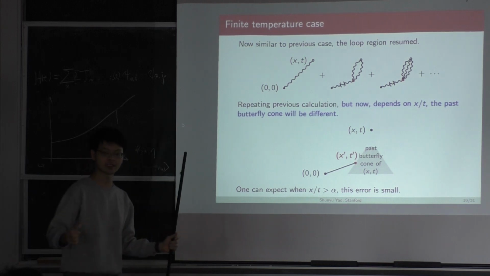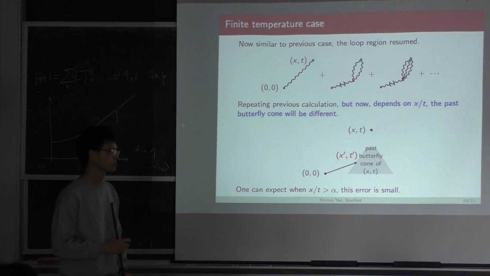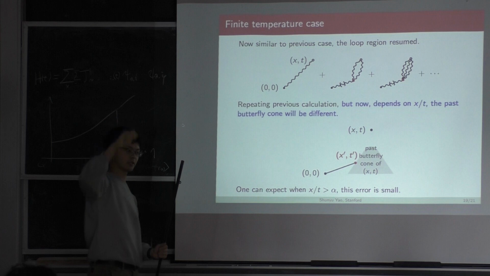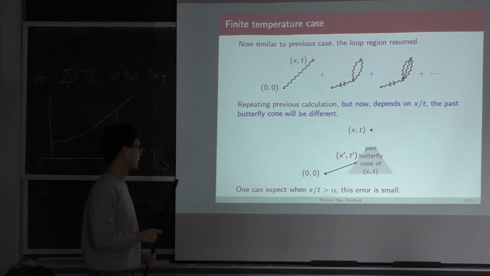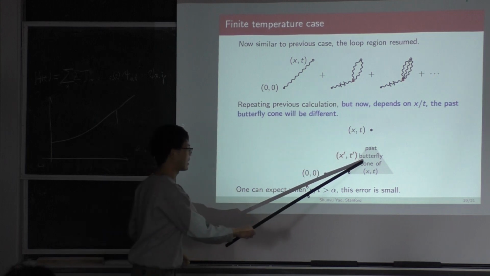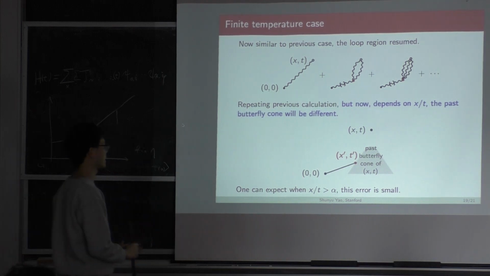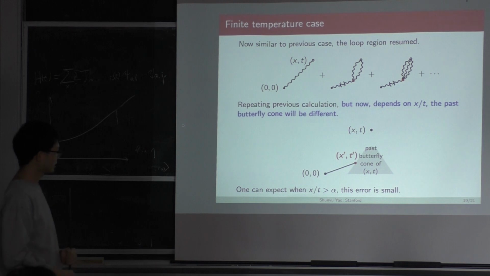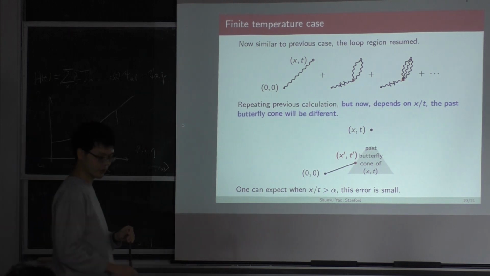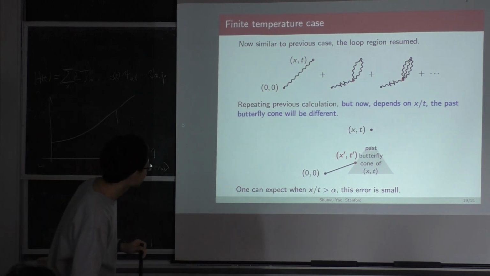So the calculation becomes pretty similar to the case we just did for Brownian. But when x over t becomes large, going far along this real butterfly cone, this past butterfly cone will also be the past butterfly cone of the pole dominant propagator. So that's the only subtlety here, the main difference between the current calculation and the previous one.